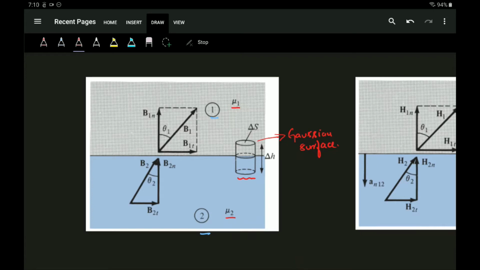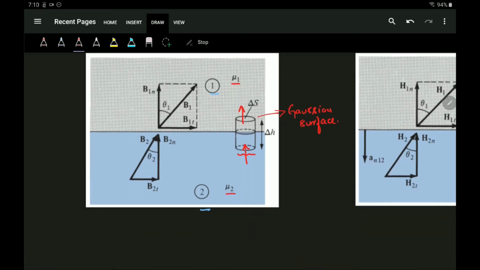I create this surface, and I now calculate the amount of flux flowing in this direction, what is entering here and what is leaving here. If I make my height very close to 0, I can only have components in the top face and the bottom face.